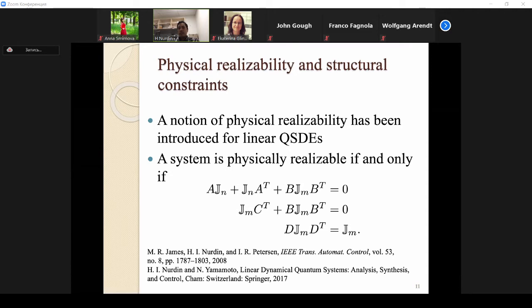Not all linear QSDEs will represent the dynamics of a quantum mechanical system, and physical realizability singles out the linear QSDEs that do. These are the conditions that must be satisfied by the matrices A, B, C, D. If these three conditions are satisfied, then the linear QSDE will represent some bona fide linear quantum system.